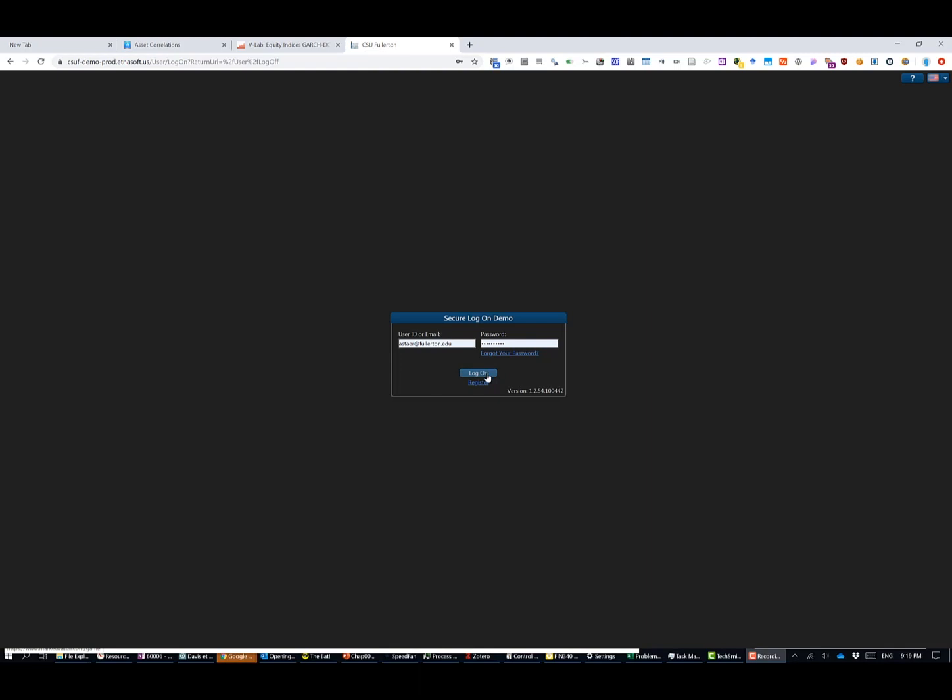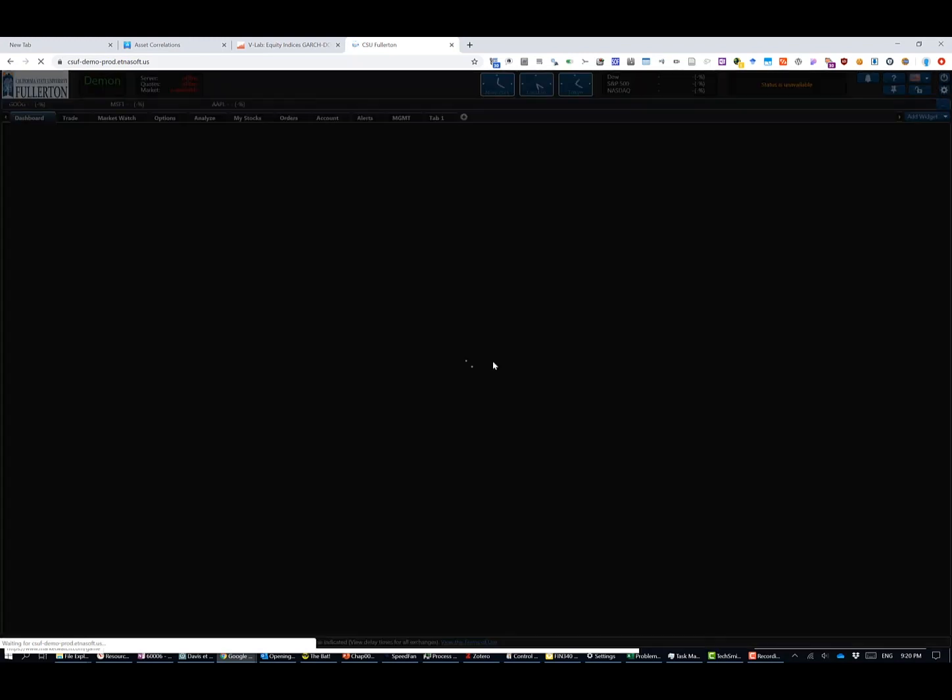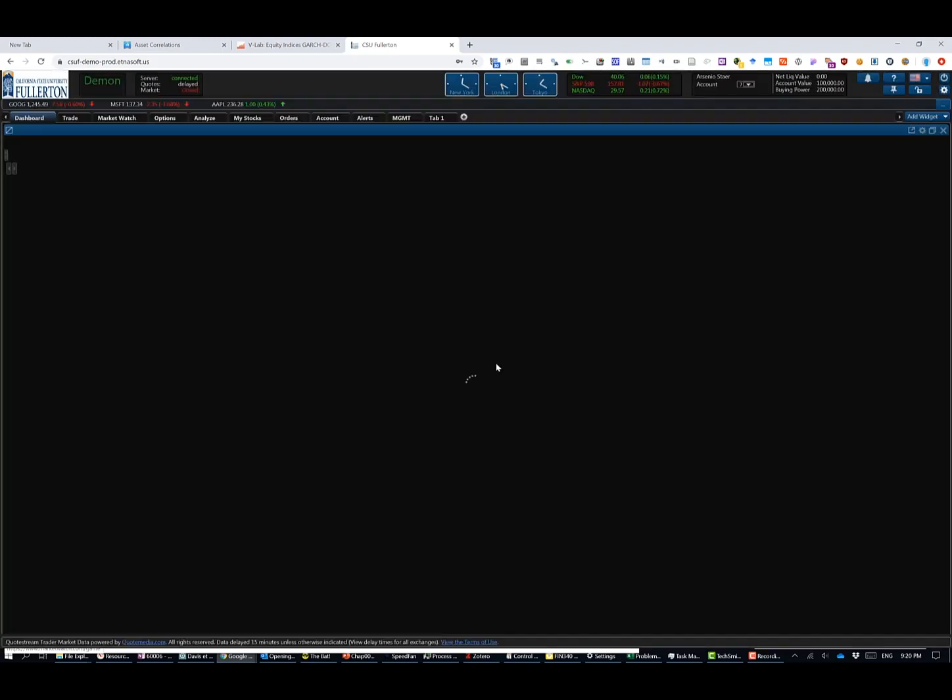So we're going to use the Ethnosoft platform that I introduced in the fall 2019. So I'm logging in, and here's the platform. It's loading up.